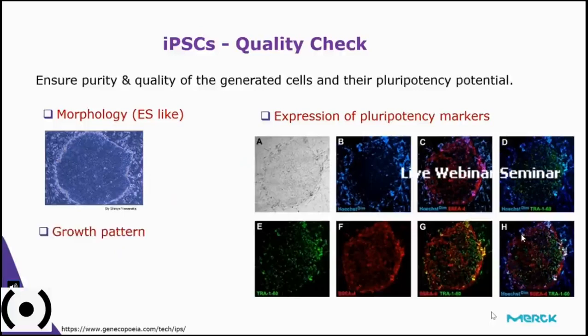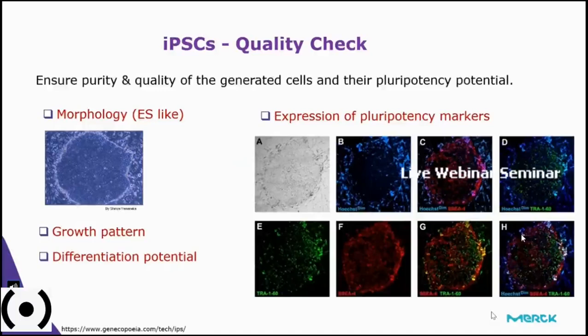And then you can see the growth pattern, which should be similar to embryonic stem cells. You can see the differentiation potential also. Once you ensure that they are pure, they have all the markers responsible for pluripotency, and their growth is very similar to embryonic stem cells, like their doubling time and all these things. These quality checks are required at every step.